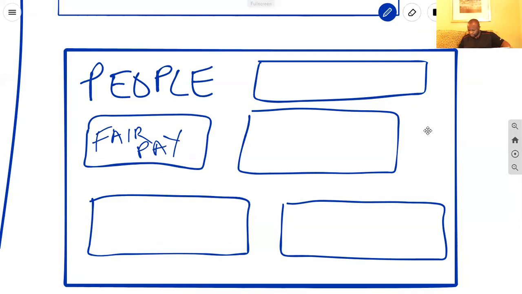The next one that is people oriented is clarity in how they communicate. So clear communications among people. Clear communication.